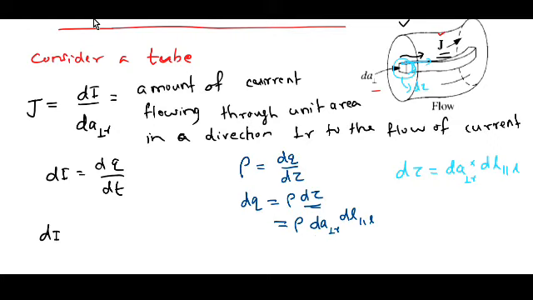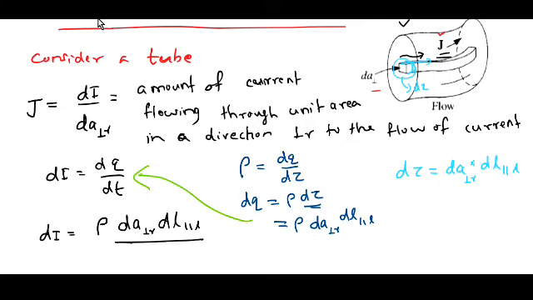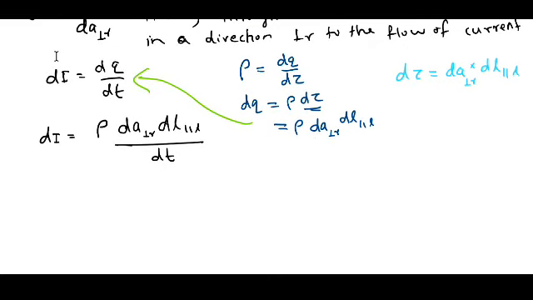di is equal to dq by dt. I substitute this value here, that is rho into dA perpendicular into dl parallel divided by dt. This is a length element parallel to the current flow.